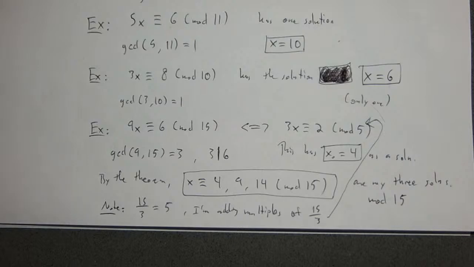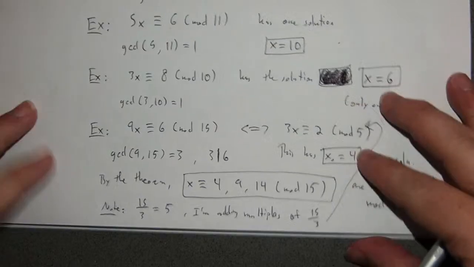Now, how do I actually solve this in general without saying that I'm exhaustively checking? Because that could be extremely annoying if my modulus is anything other than a really small number. So how do I actually solve this in general?